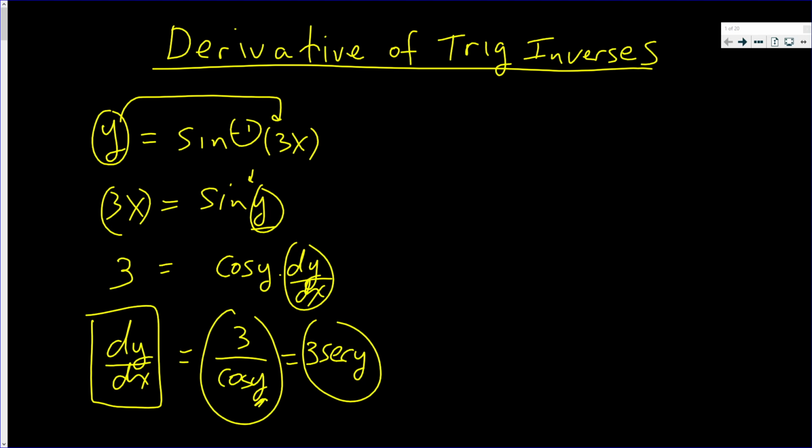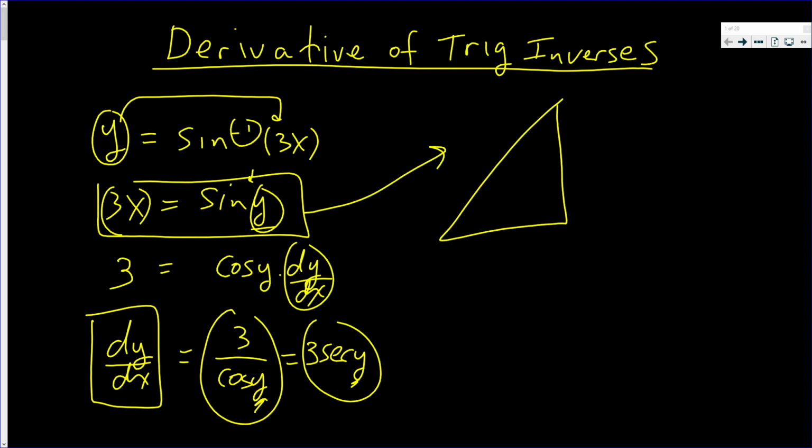But as you can see, it's in terms of y. Well, this here will give us a way to convert y's to x's. We know that the sine of y is 3x over 1. Remember, 3x is the same as 3x over 1.